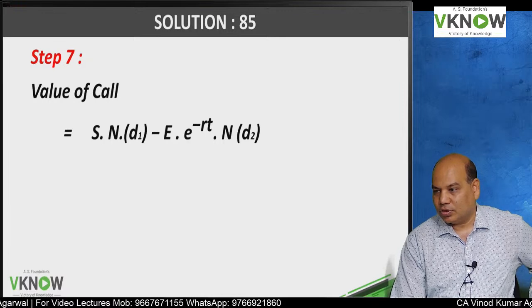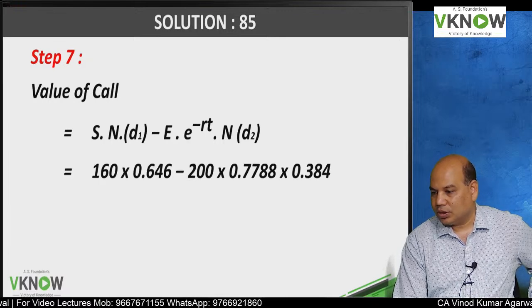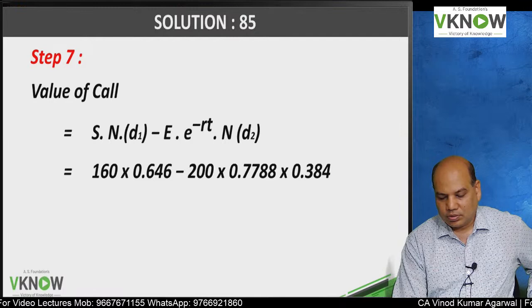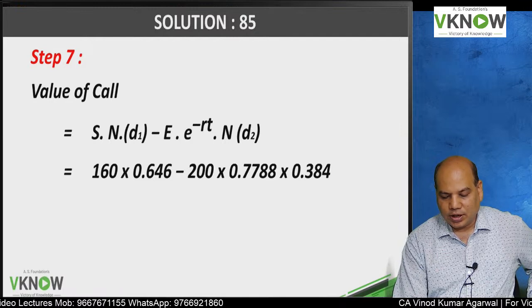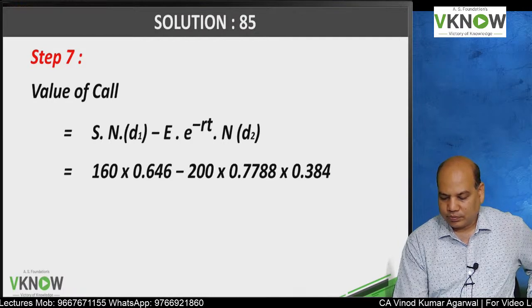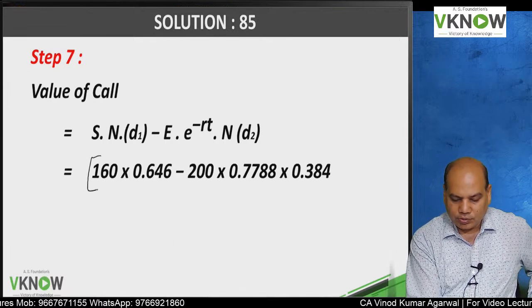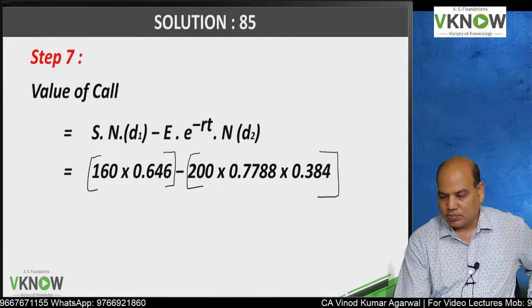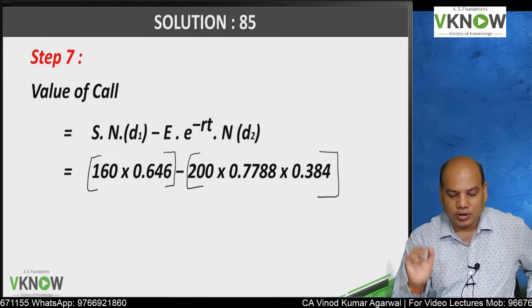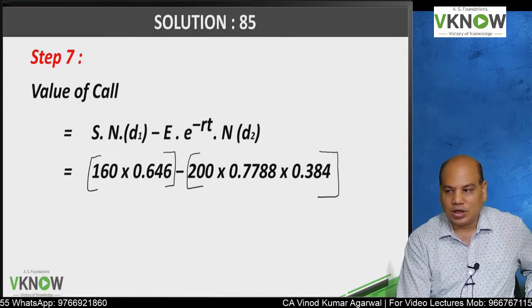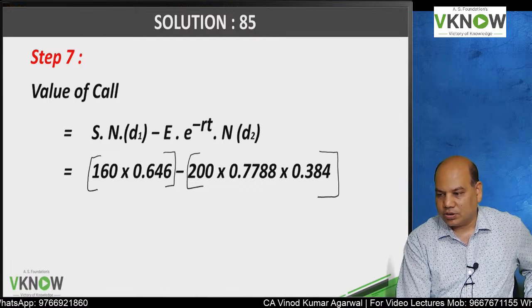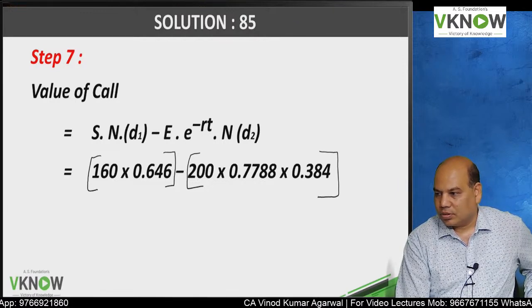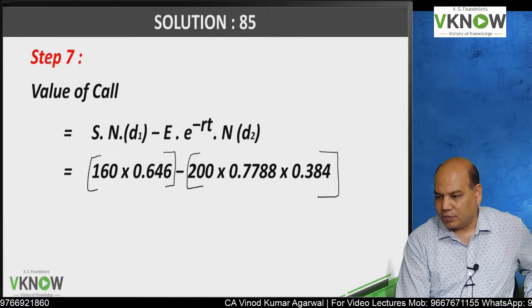Okay, solve. Please solve. S is 160, ND1 0.646. So first you do this calculation minus this calculation. Black-Scholes model, we have taken many questions in the classroom, in the derivative option topic.